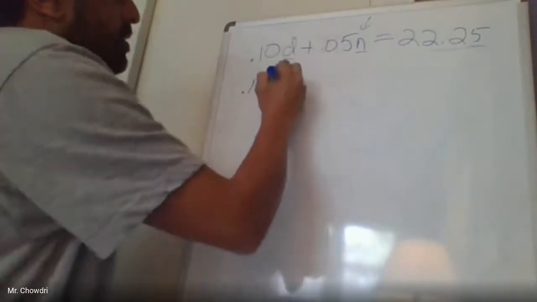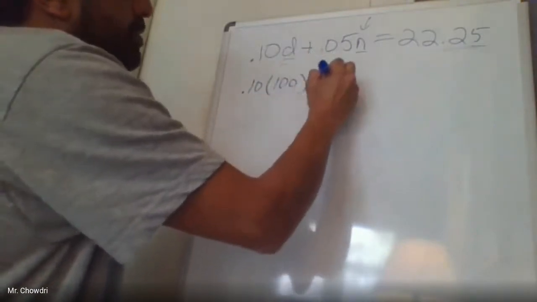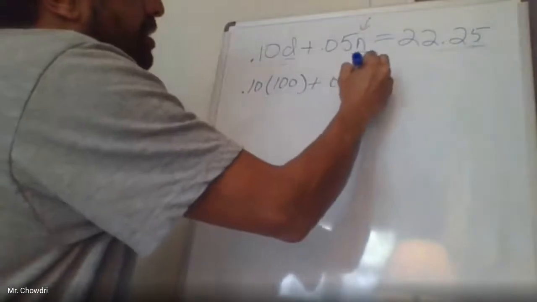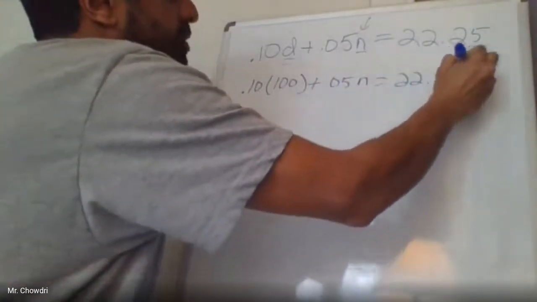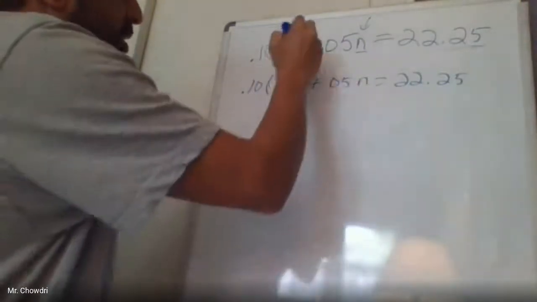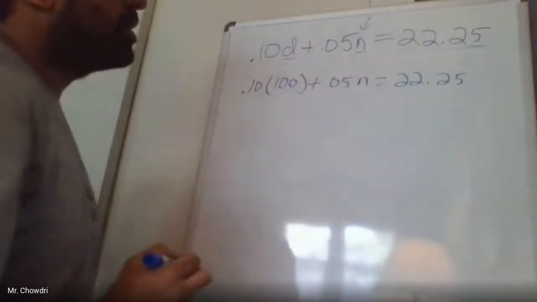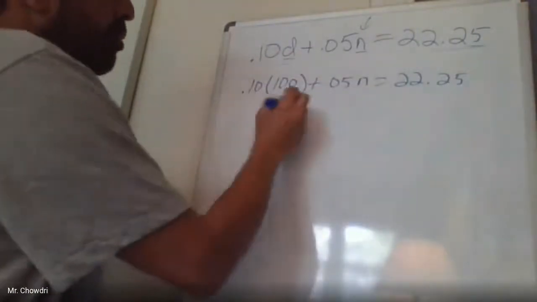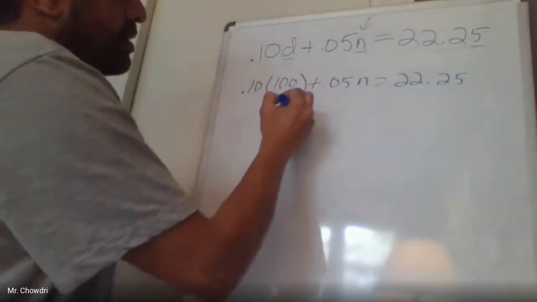So if I pick 100, I would get 0.10 times 100, because it's a number times a variable. So I'm going to say D equals 100, plus 0.05 N equals 22.25. So now my question is, what if one of my combinations has got D as 100, how many nickels do I have? 0.1 times 100, plug it into your calculator if you know it, is 10.